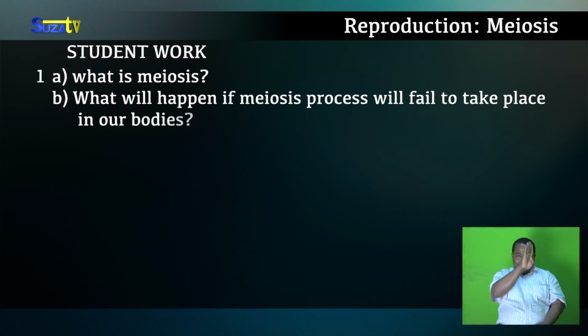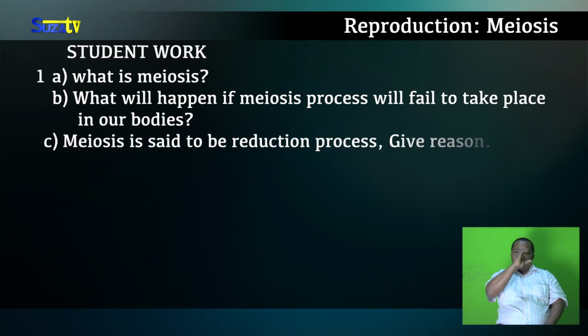B. What will happen if the meiosis process fails to take place in our bodies? C. Meiosis is said to be a reduction process. Give reason.